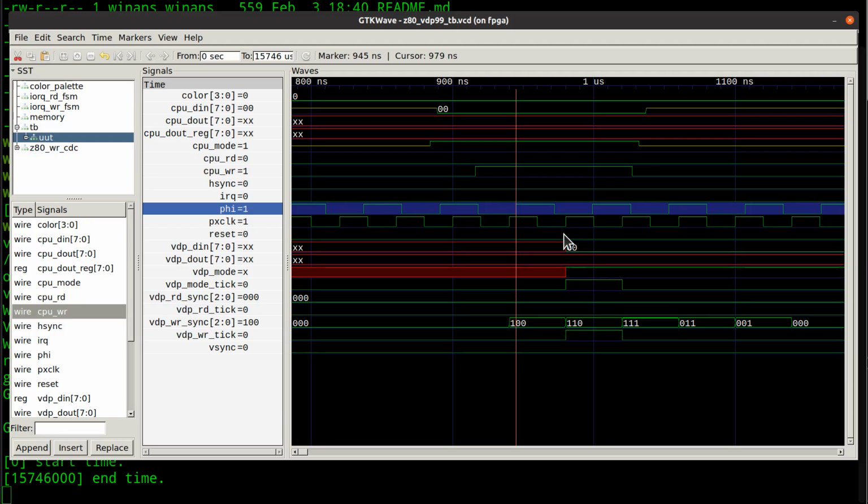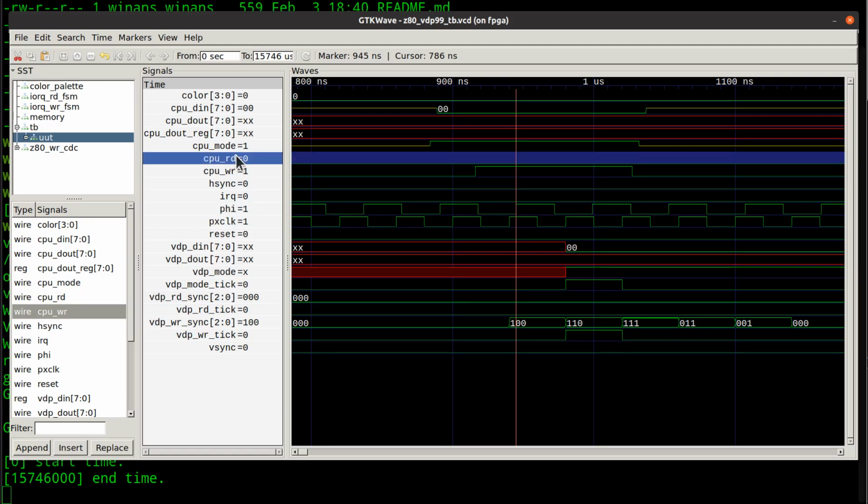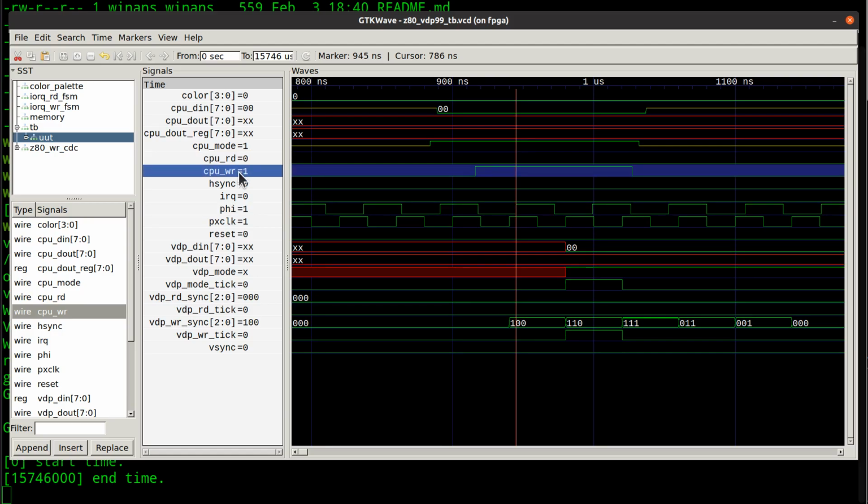So here's the problem. If we have this write or a read signal, these decoded from the CPU, right? If this edge comes too close to one of these rising phi edges, we end up with a metastability problem. That is the definition of a metastability problem.